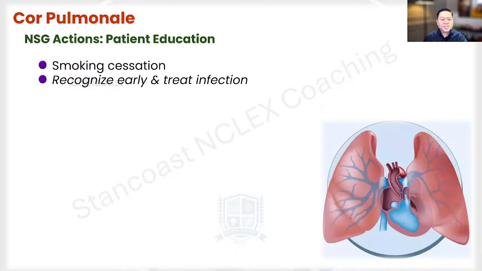Now, we're also going to treat or recognize early signs of infection. We want to make sure that we are also treating the infections because, again, with that, it can lead to increasing CO2. And we want to make sure that our patient will have good quality of air, especially in the home setting.